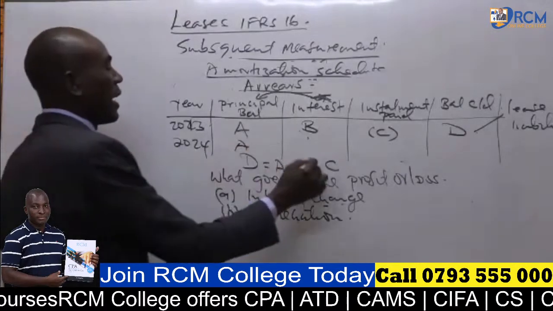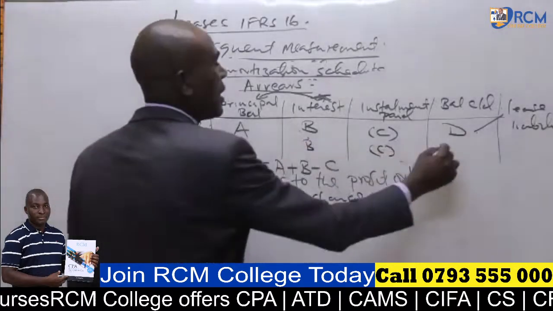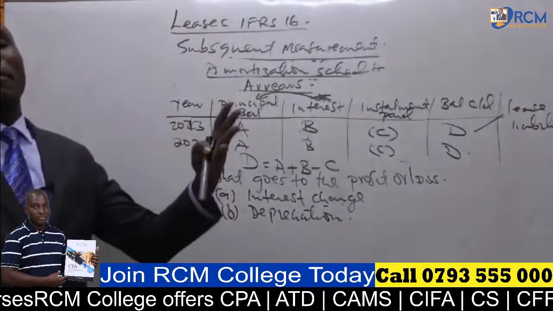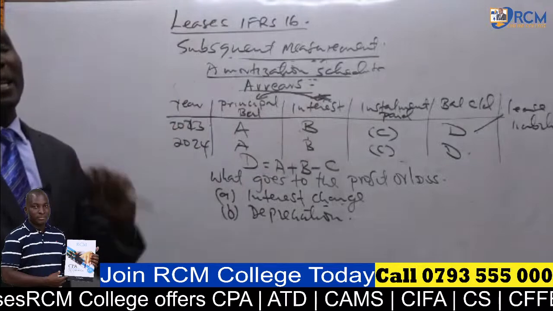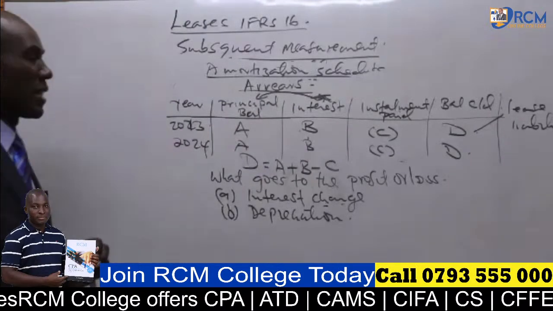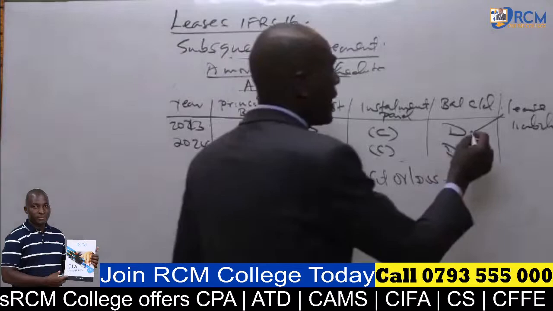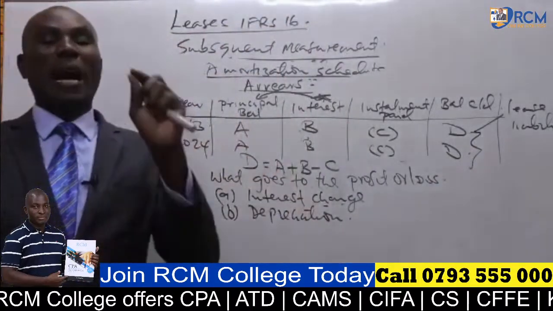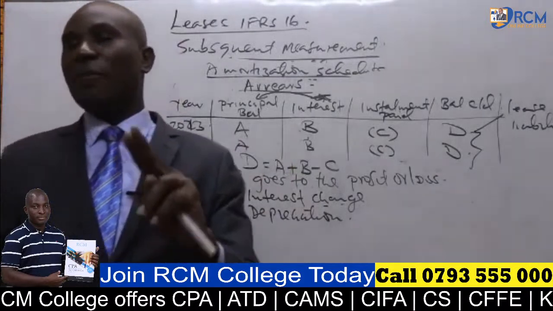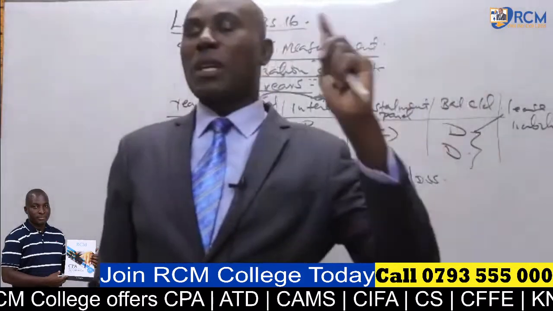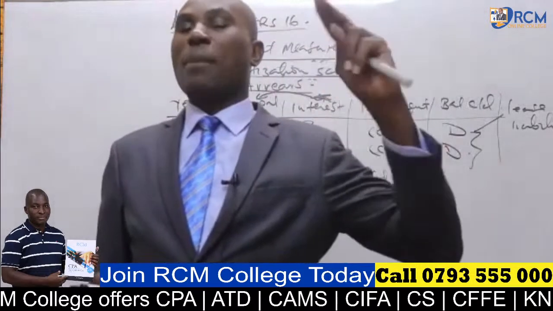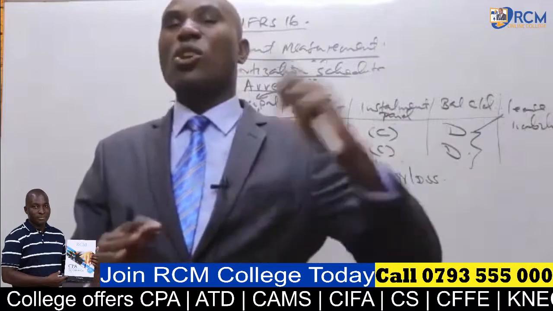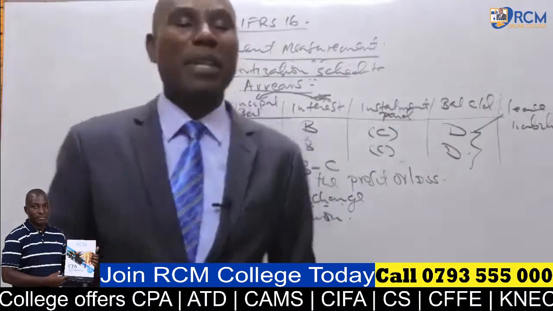Let me say A, B, C, D. Therefore, when payments are made in arrears, I will prepare for two years. These two years, remember, in a lease, I'm required to separate between current liability and non-current liability, that is, long-term and short-term liability.